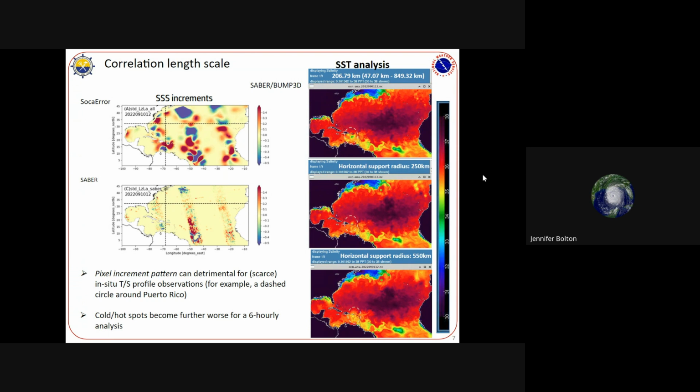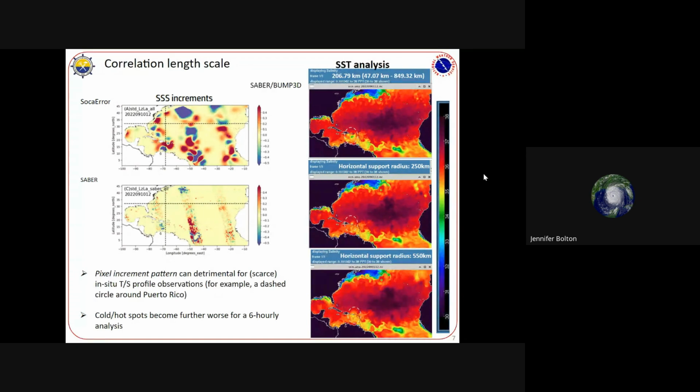We did the experiment through the SOCA BUMP 3D, using either a correlation length scale coming from another separate namelist on the top, and then we have two experiments done with a fixed horizontal radar scale, 250 kilometers in the middle and 550 kilometers at the bottom.